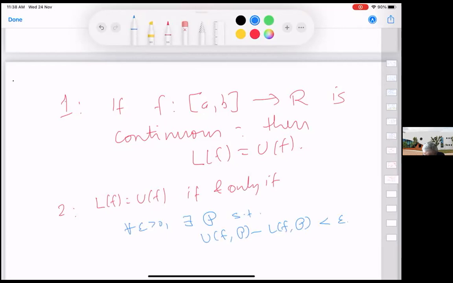Once it holds for this partition, then for any finer partition, the gap will be even lesser only. So we don't have to say there is a P1 such that P bigger than or equal to P1 something happens. All that follows immediately.